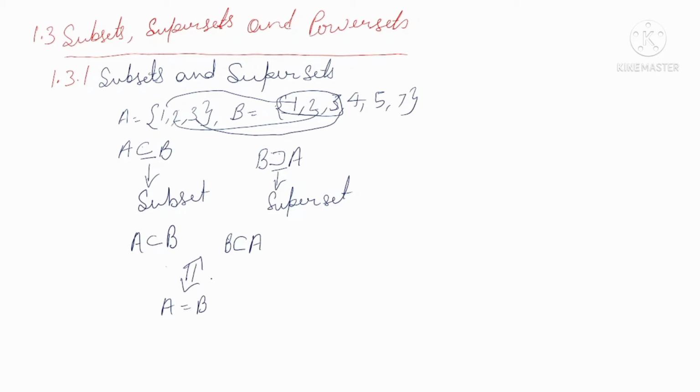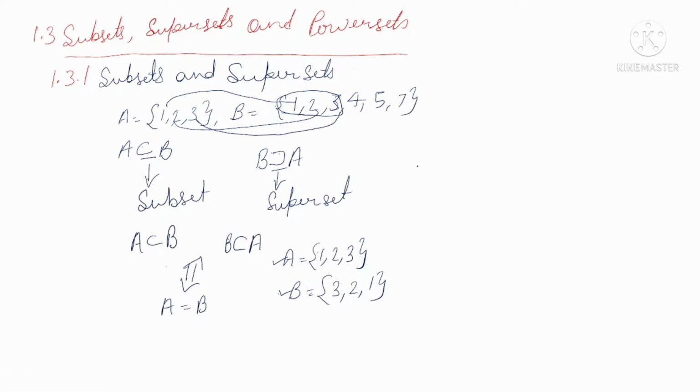Okay, and here we can give an example: A as 1, 2, 3, and set B we can write as 3, 2, 1. Now you can see each element of A is in B and each element of B is also present in A, so that's why A and B are equal.